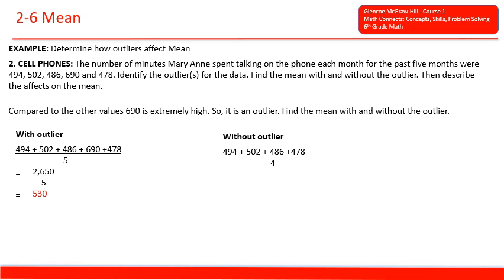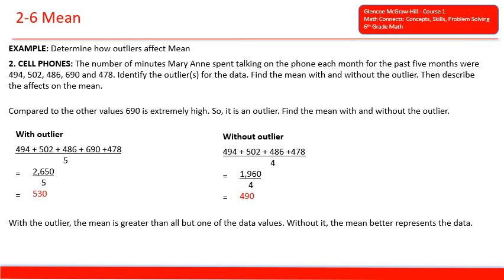Now, if we take the outlier out, we also have to take that piece of data out. So we'll take the 690 out, and change the pieces of data from 5 to 4, and we'll get 1,960 divided by 4, and we get 490. With the outlier, the mean is greater than all but one of the data values. Without it, the mean better represents the data.